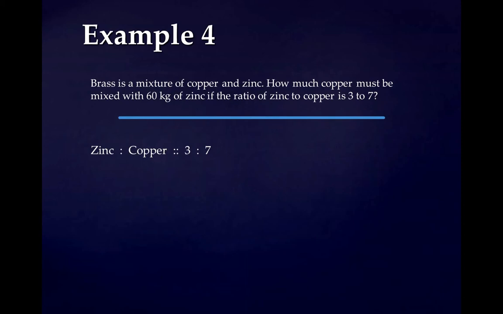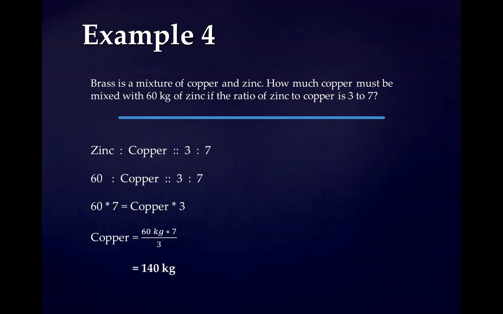Since we know there's 60 kilograms of zinc, 60 is to the mass of copper as 3 is to 7. So 60 times 7, the two extremes, is going to be equal to copper times 3, the two means. Rewritten, that means the mass of copper is equal to 60 kilograms times 7 over 3. Copper would work out to 140 kilograms.